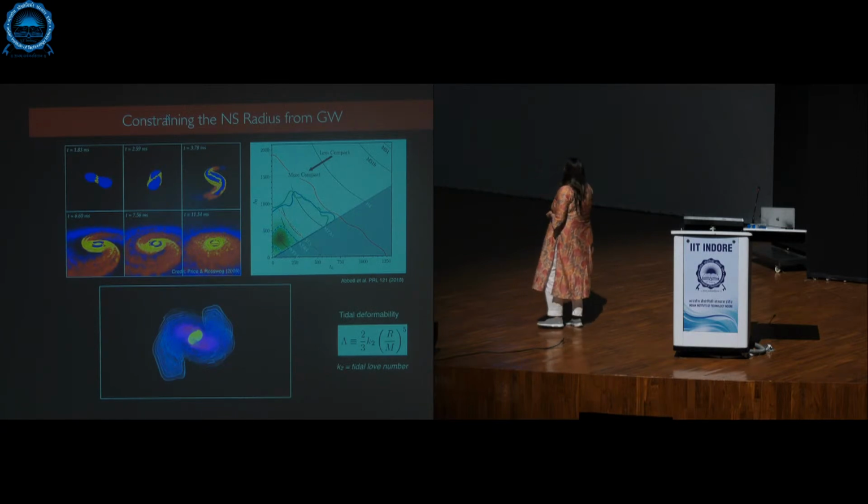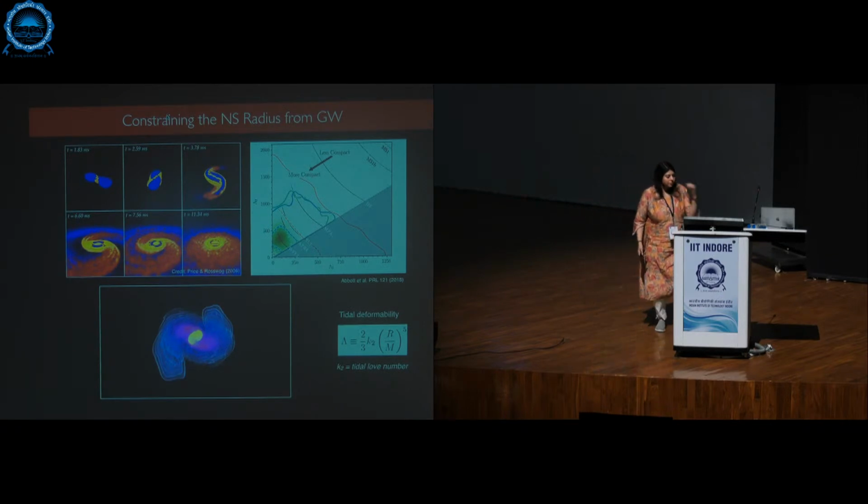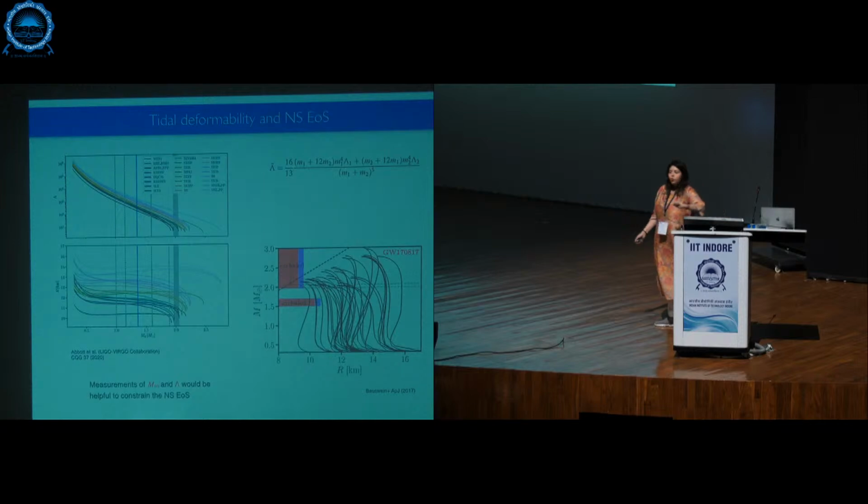The LIGO-Virgo collaboration published important analysis of the GW170817 event, and this told us that the neutron stars with softer equation of state were preferred over the stiffer ones. This is very interesting for the theoretical community because it gives us information as to which equations of state would be compatible with such observations. Here are some of these studies which were published.